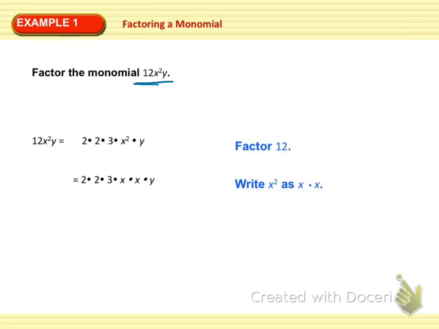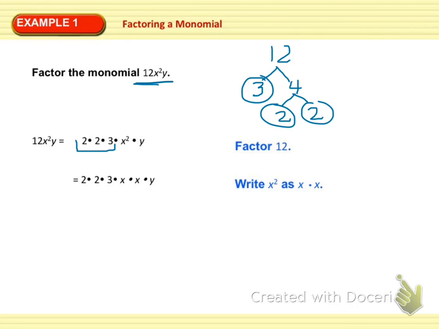You could do a factor tree. You could say 12 is made up of 3 times 4, and 4 is made up of 2 times 2, so the prime factors of 12 are right here. That's 12 broken up into its tiniest, smallest parts.